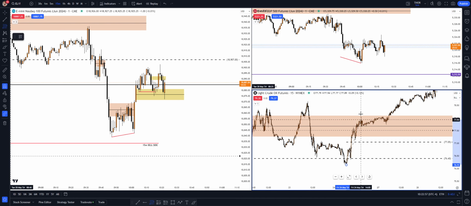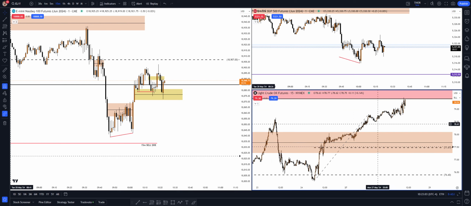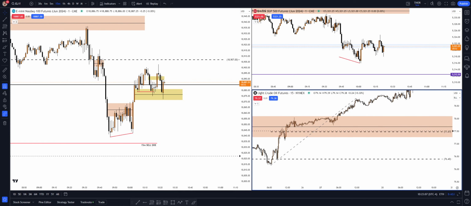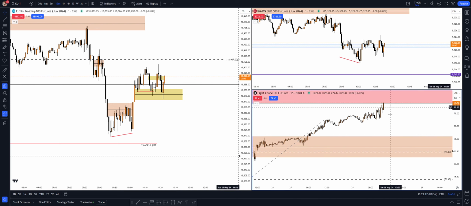I think it was this one. Or was it this one? Oh yeah, here. So yeah, I was looking at this fair value gap for a pump, but it didn't retrace. It didn't even retrace. Very bullish.